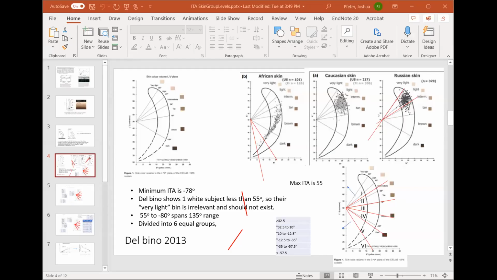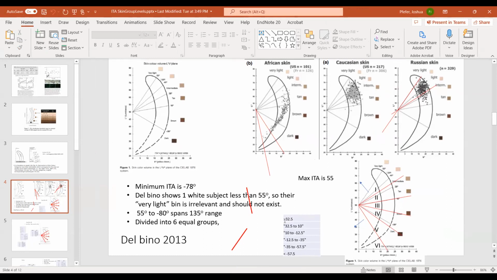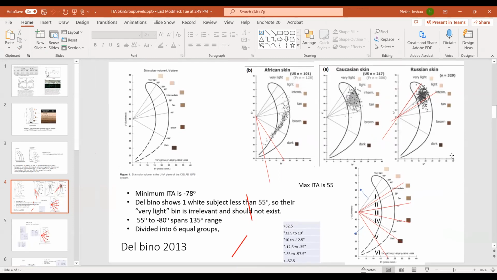So, talking about this idea of ITA and the distribution of bins, that's something we've been thinking about as well. The Delbino papers are very interesting. I encourage people to go look at them. One of the places where I think that original categorization of ITA into these different bins came from is this paper that actually shows individual data points for different subjects.